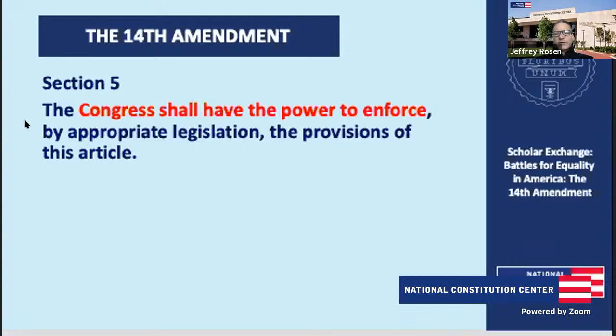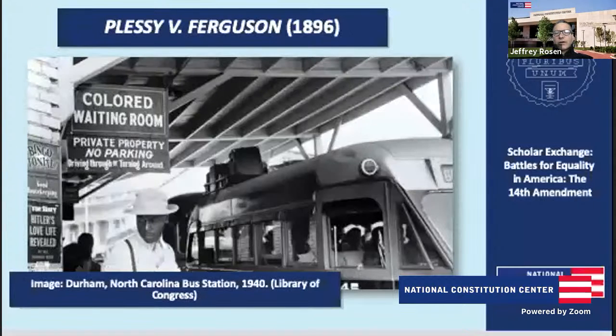After the 14th Amendment passed, we saw a backlash against Reconstruction, and certain states, in particular in the South, began requiring segregated public accommodations, like requiring African American and white people to sit in separate railroad cars, or not to deny African Americans the right to go to theaters that white people went to, or to go to restaurants that white people went to.